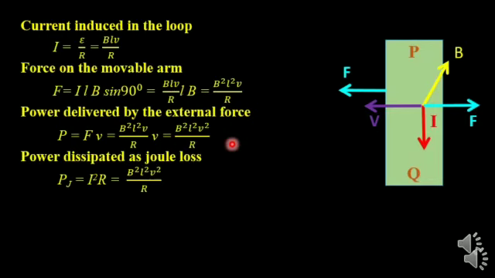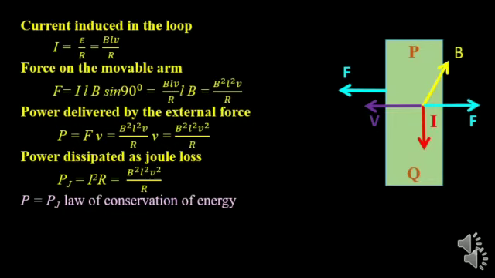So, the power dissipated is Pj equals I square R. On substituting the expression of I, we get Pj equals B square L square v square divided by R. Since power delivered equals power dissipated, law of conservation of energy is valid here.